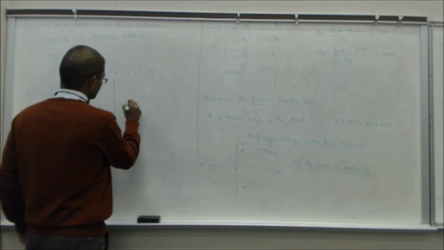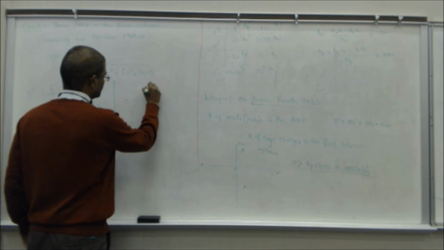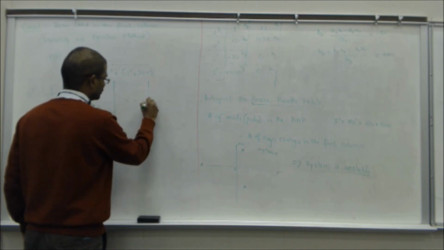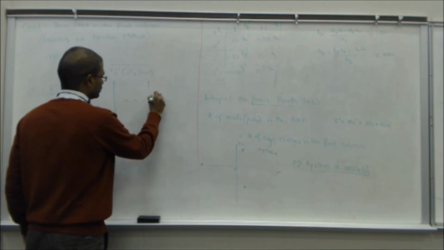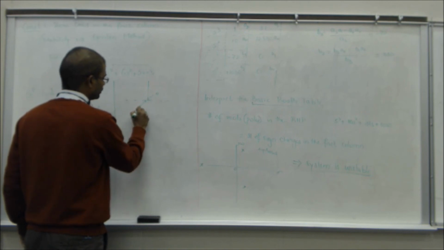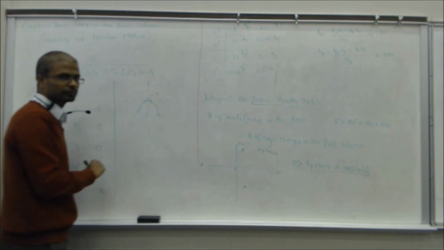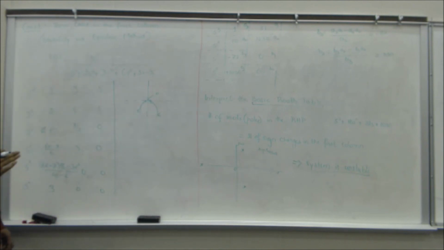When you say epsilon is a small number, so let's say this is 0. Epsilon could be somewhere here, or it could be somewhere here. It could be just a little bit more than 0 or a little bit less than 0. So we have to look at both these options, okay?